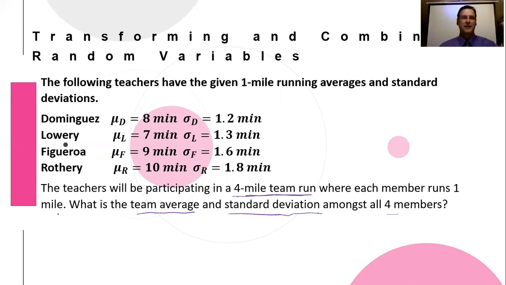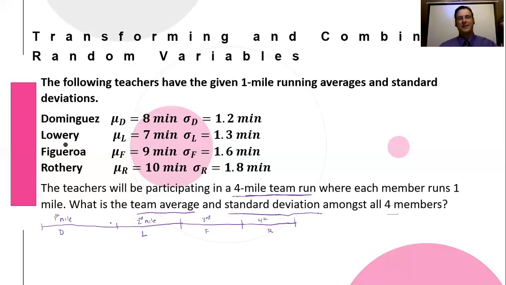For example, if the first mile is run by Dominguez, I'll just put a D there, and the second mile is run by Lowry, I'll put an L there, and the third mile is run by Figueroa, and the last mile is run by myself.